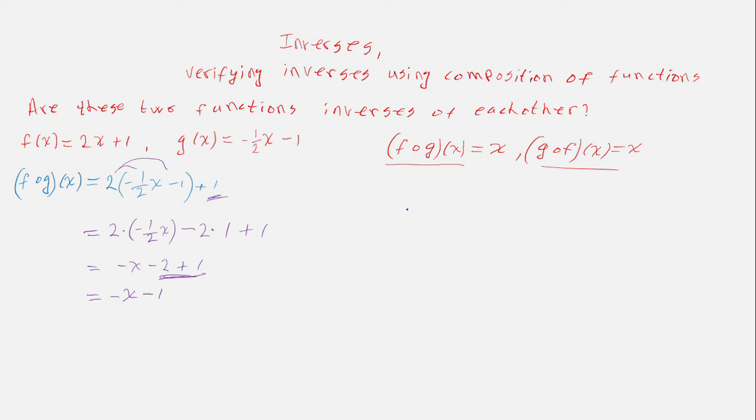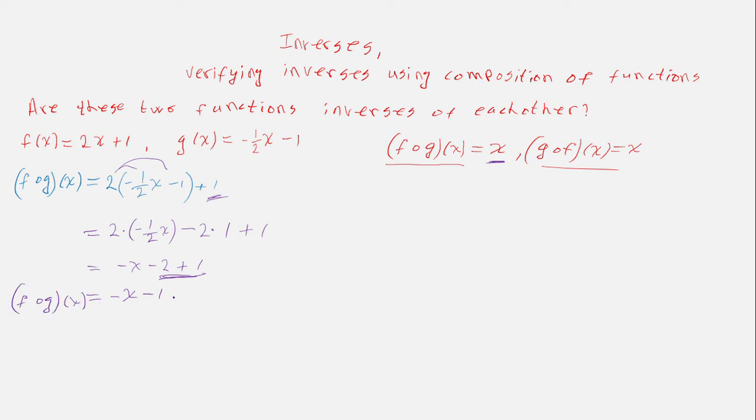And the requirement is that f composition g is equal to x, just x by itself, not positive, not negative, nothing subtracted, nothing added to it. And in this case, that did not happen. So our first check, f composition g of x, failed.